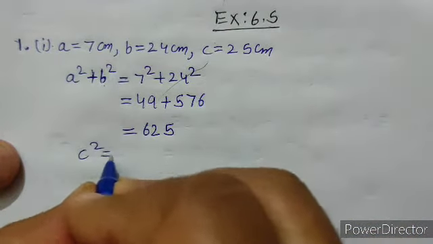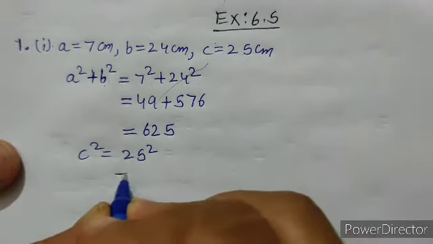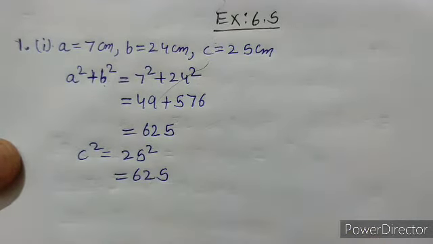Now C square will be equal to 25 square, and that is also 625.